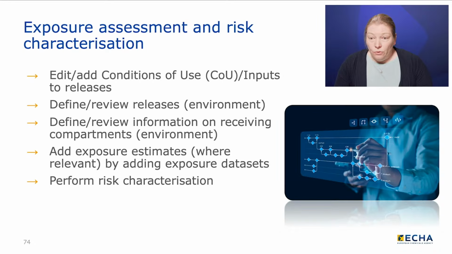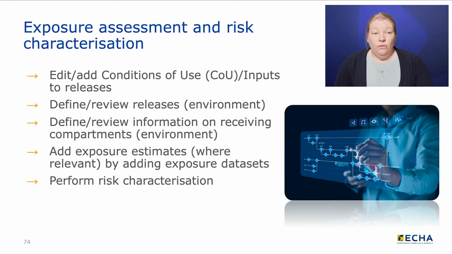When you're going to do your exposure assessment and risk characterization, basically these are the steps that you need to go through. First of all, you start by making sure that the conditions of use, so the conditions under which the substance is used, or the inputs to releases, as we call it for the environment, are there. You add them where needed.